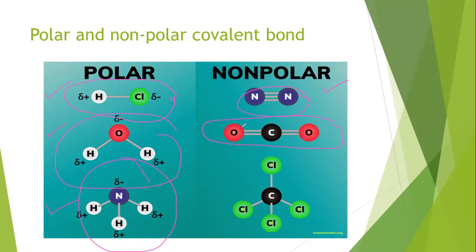Both oxygen atoms apply the same force to attract the electron pair towards themselves. That's why the bond is non-polar covalent, because of this linearity and this equal attraction for the electron pair, no charges will form.